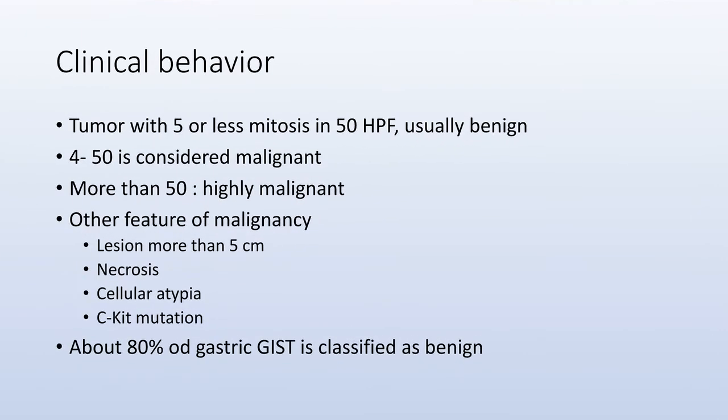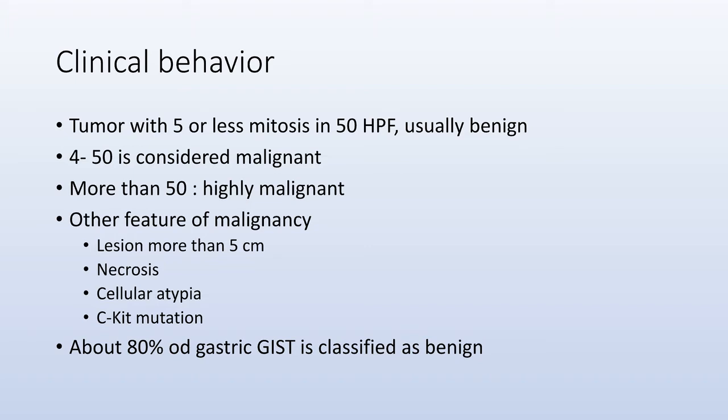Now, it's important to know the clinical behavior. How do they behave? Because according to their staging system, and what we know from the literature and the experience, some of them are benign and they stay benign and they do not progress, they do not metastasize, for unknown reason. How do we judge their clinical behavior?